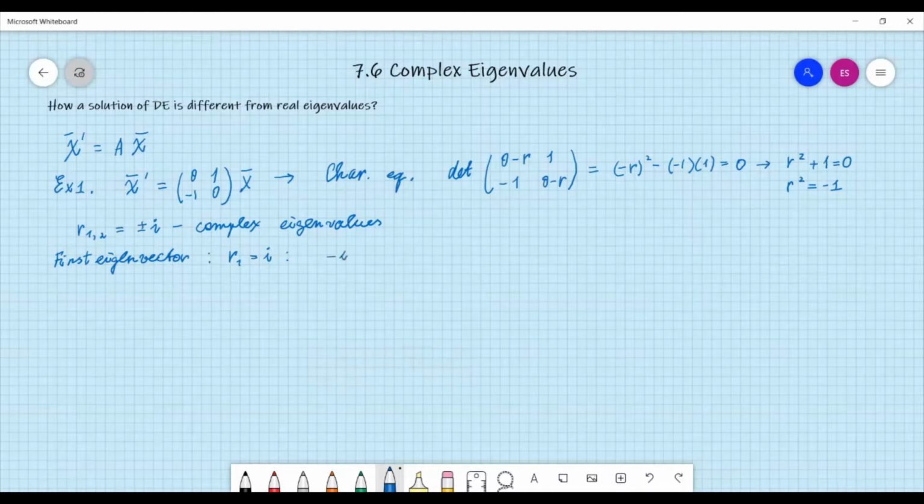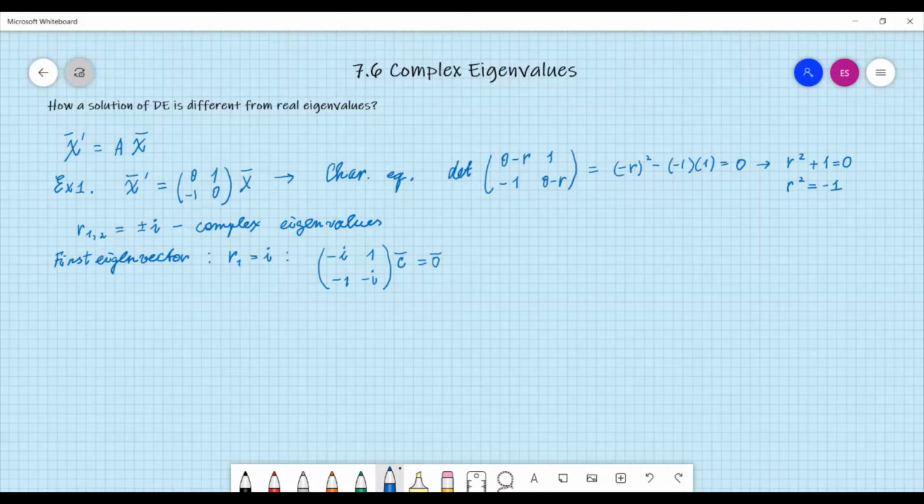So minus i, because it's minus r over here, right? 1, -1, minus i, and that's the matrix, right? And the constants for the eigenvector, and it's supposed to be equal to 0. You see, I put 0 with a bar because this is not just one 0. There are two zeros, right? 0 on the top and 0 on the bottom.